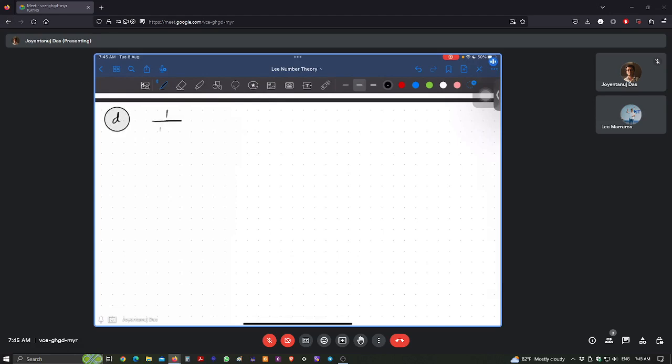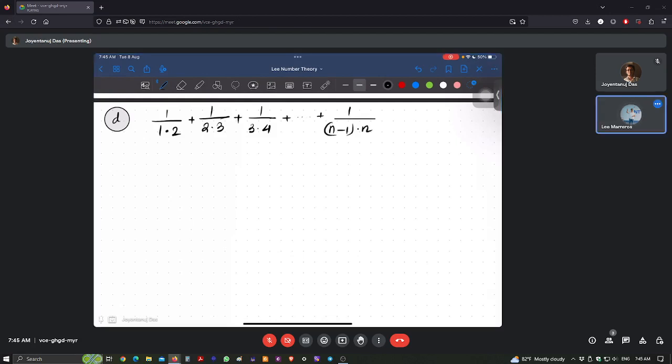So you have 1 times 2, then 2 times 3, 3 times 4, all the way up to n minus 1 times n, and this equals to n minus 1 by n. So what is the base step here?